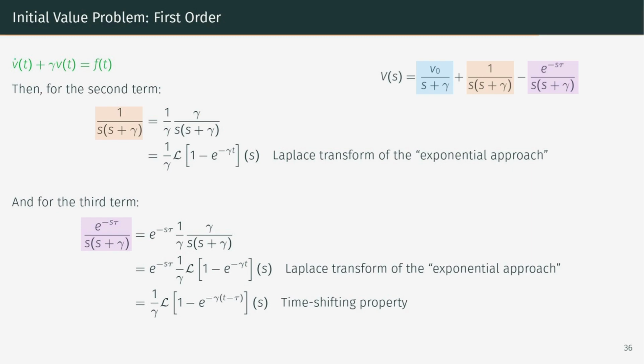Again, see slide 21. And finally, we can rewrite this as 1 over gamma times the Laplace transform of 1 minus e^(-gamma (t minus tau)). This is just the time shifting property.